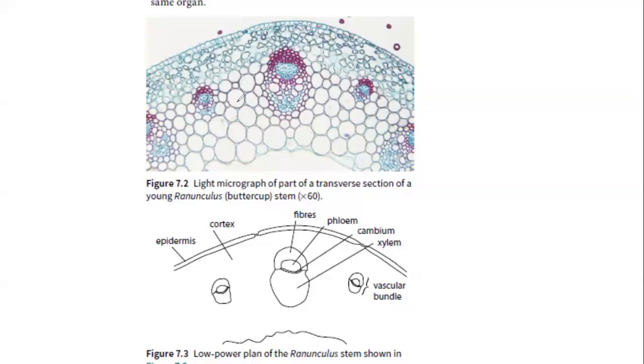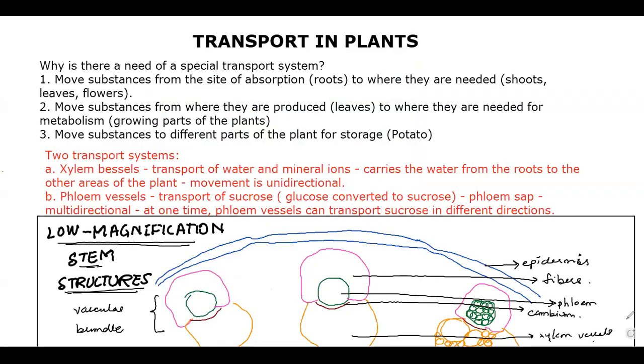Now, similarly, we need to take a look at the structure of our root. And then we need to take a look at the structure of our leaf. When I'm saying structure of leaf, we're going to be taking a look at a transverse section, which I will show you guys in just a minute.